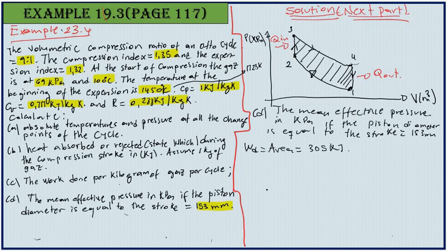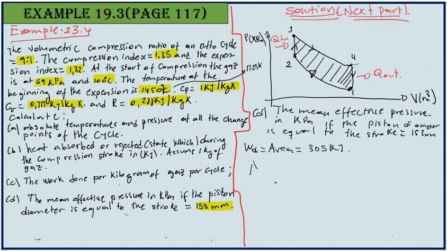So now we speak about mean pressure when we consider this area. We assume that if that area was rectangular, what's gonna be the pressure? So it means we need to use a rectangular area having the same area as what we have here.